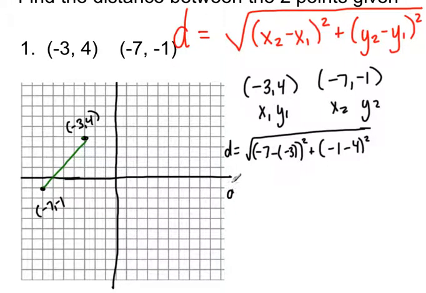And then you would simplify. So -7 minus a -3, if you put that in the calculator exactly as it is, it would give you -4, because what that is is -7 plus 3, like that.